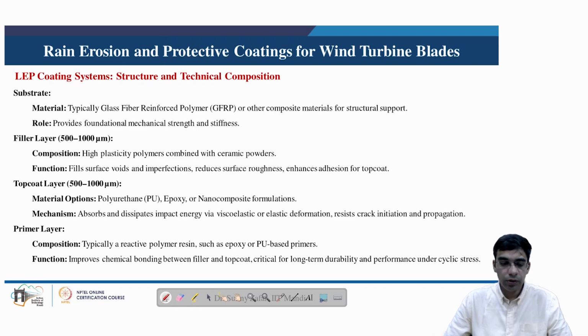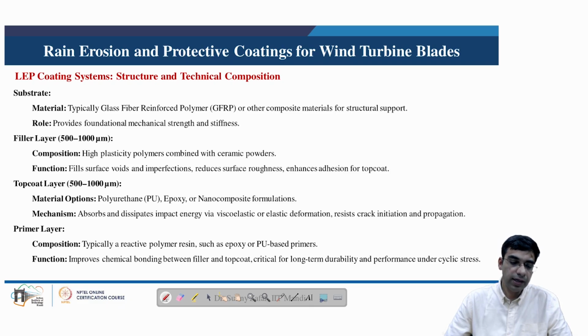Next, the top coat of thickness 500 to 1000 microns is applied. The top coat material consists of polyurethane, epoxy or nanocomposite formulations. The mechanism of the top coat is to absorb and dissipate impact energy via viscoelastic or elastic deformation, which can resist crack initiation and propagation.